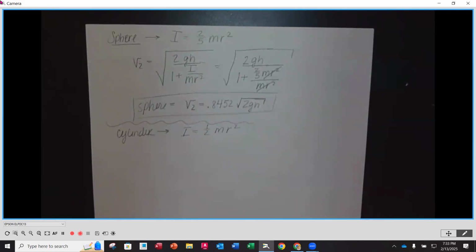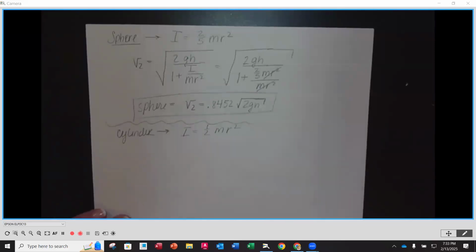Oh, she's asking if we can take the 2 out as well. Yeah, I guess you could. You'll just notice that in the sample, they kept that chunk together. Yeah, I think you could. And then it would be just a G and H.